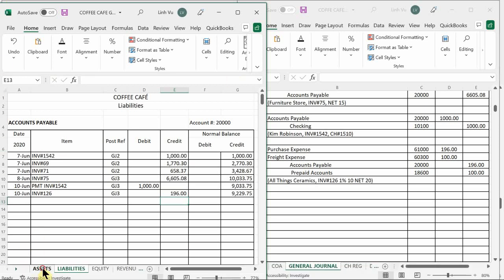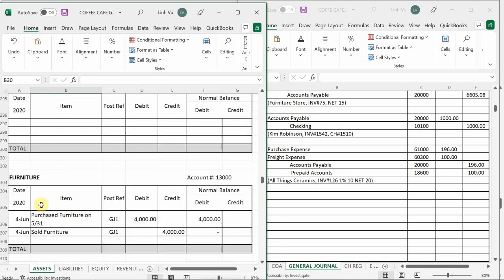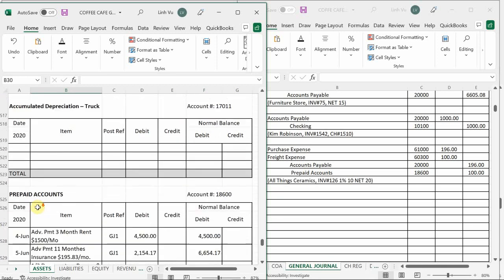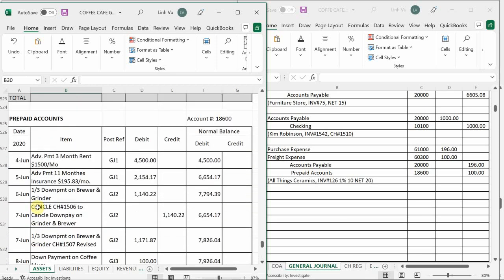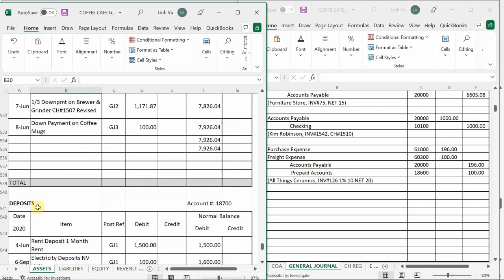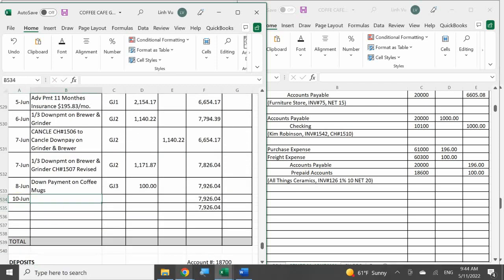And now I need to redeem my prepayment. So I go to my prepaid accounts. Here it is. I need to say here that I applied the down payment on coffee mugs to invoice number 126.